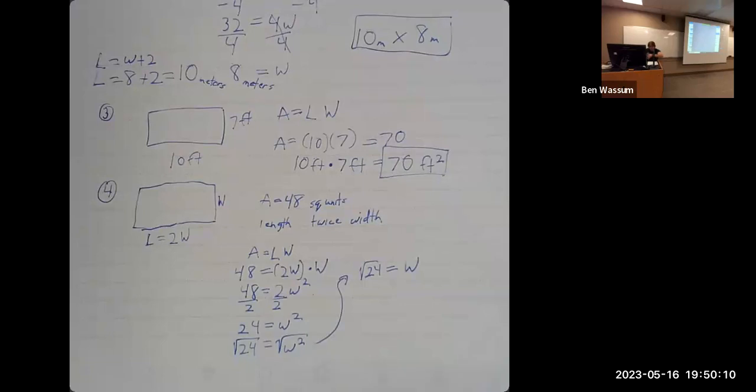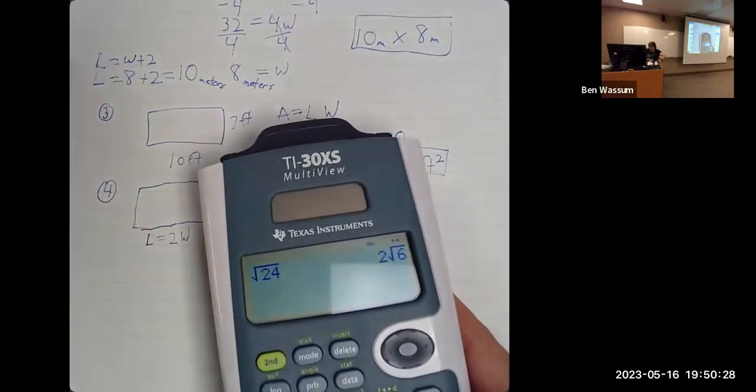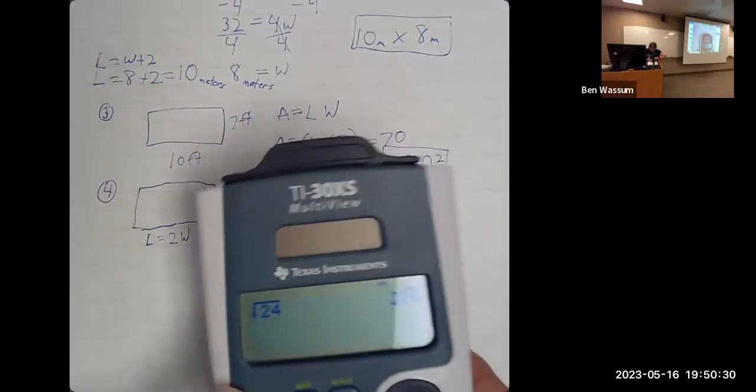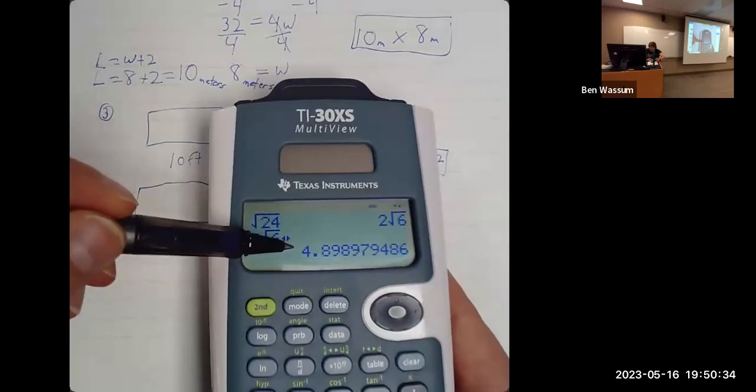Sometimes you do that with triangles, but if you're dealing with a word problem, you're generally not going to leave it as the square root of 24. What I'd probably do is just find what the square root of 24 is in your calculator. My calculator just broke it down. Thanks, calculator. Probably just get a decimal.